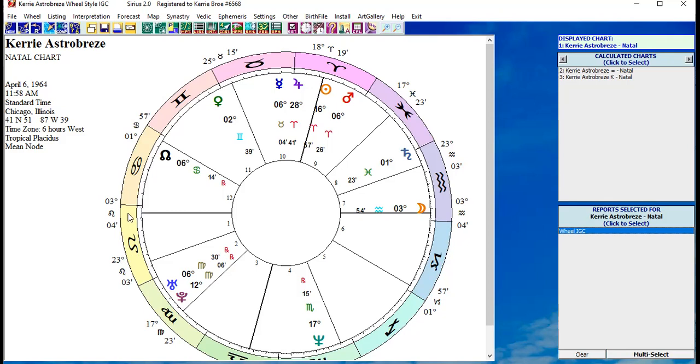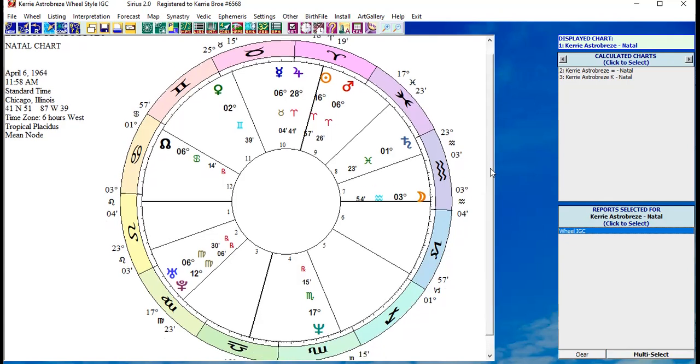This is the horizon line when I was born. It was just coming up, right? Right there. So you can see that the house before it has mostly Cancer. It has Cancer on the cusp there, but it also has the last 2 degrees of Leo in there. And this is how things change and warp when you're born more north. Chicago is fairly north, 41 north, but it gets worse when you get up closer to 50, 60 degrees north.